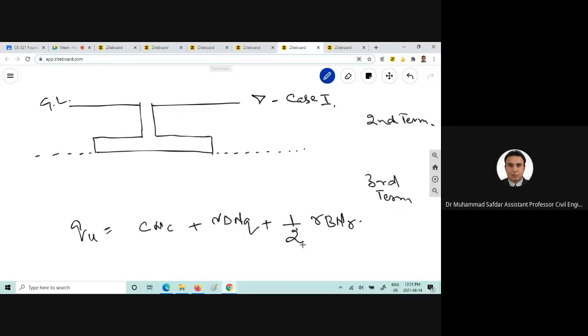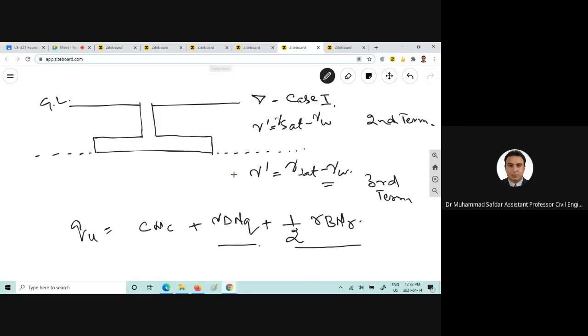So for the third term we are going to use gamma prime, which is gamma saturated minus gamma of water. This is the gamma of water, and here this one is also affected, so we are going to use gamma prime there. Agree? Yes, sir.